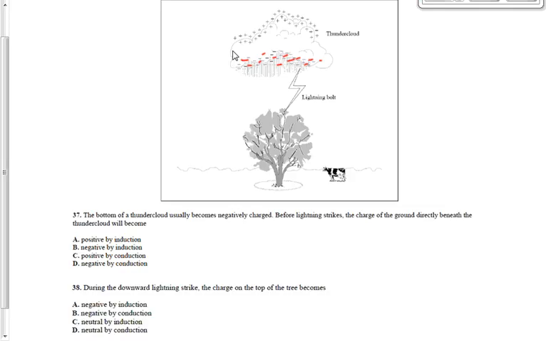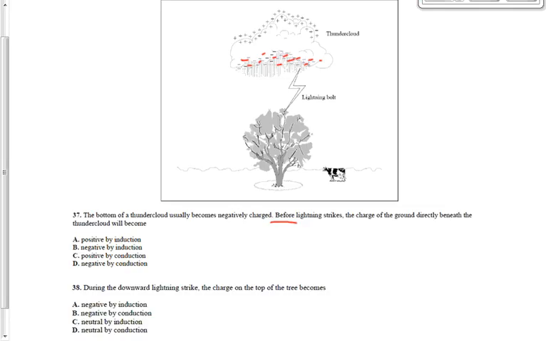What is, in my mind, probably the most important word in this whole question? It's the word before: before the lightning strikes. When lightning strikes, electrons are being transferred.